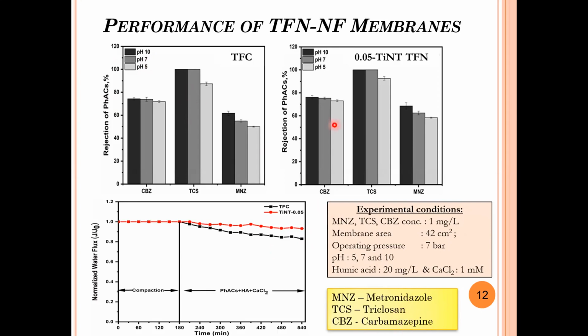From this data, the retention of the pharmaceuticals in nanofiltration was mainly because of adsorption, and both the membranes produced a good result. But for the long-term performance, this TNT-loaded NF membrane was very good in terms of flux compared to your TFC membranes. So partial removal of your emerging pollutants can happen in the NF membrane. That's what we found from this approach.